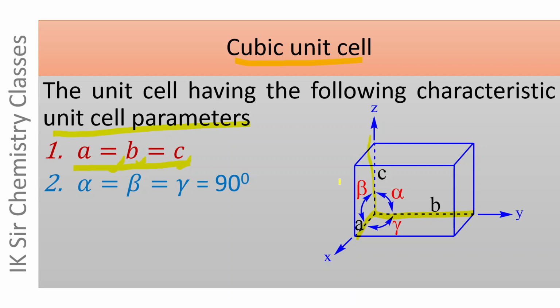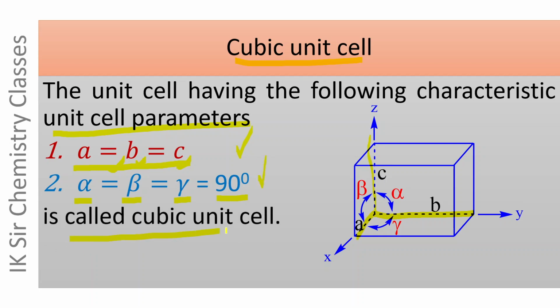The edge length along all the 3 axes are equal, and alpha is equal to beta is equal to gamma, and all these are equal to 90 degree. It means the unit cell in which edge length along the axis are equal and the interaxial angles are also equal to 90 degree is called a cubic unit cell.